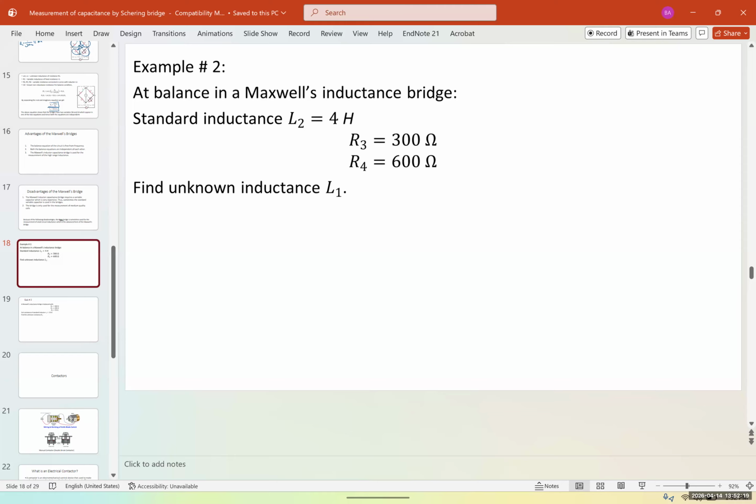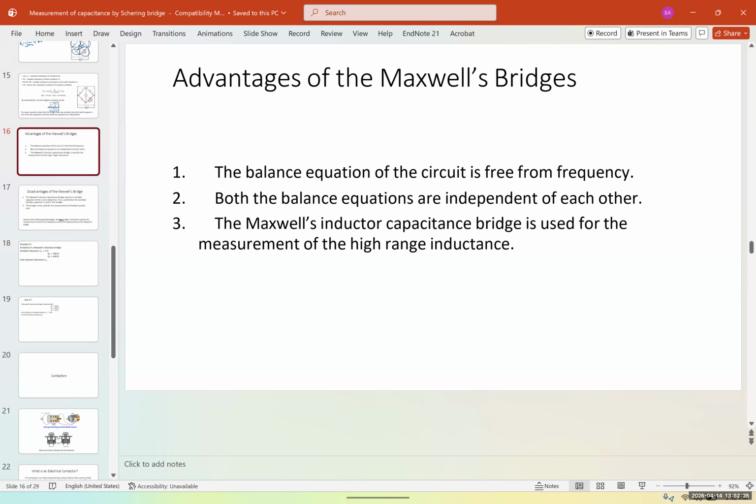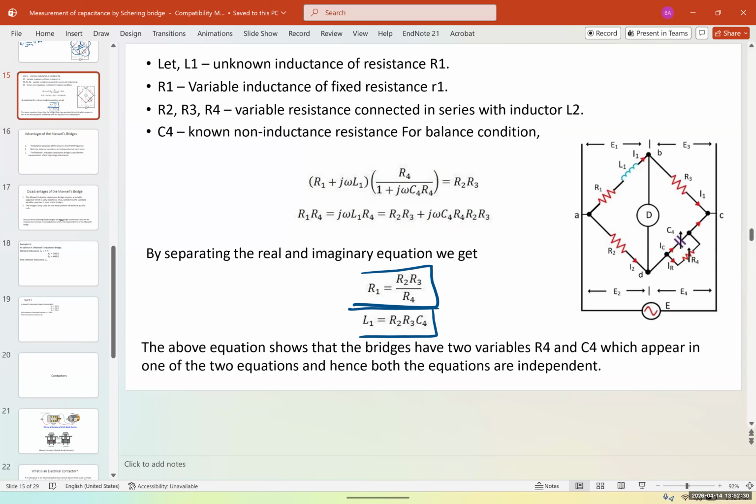Okay. Did you find it? What is the answer? Yes. Let's go back to the equation.